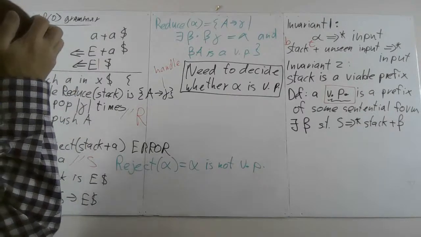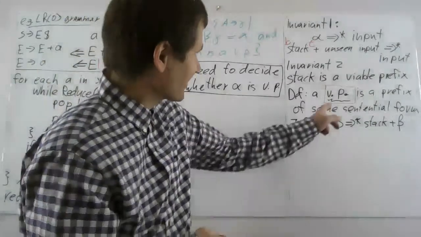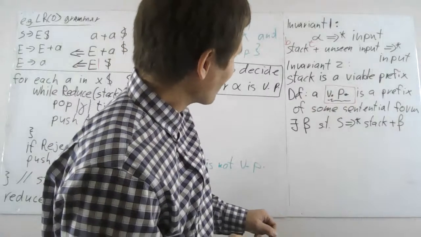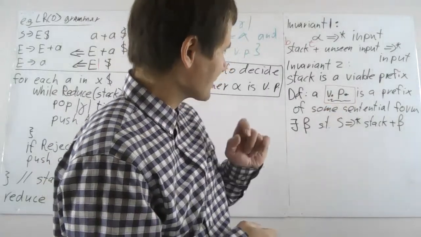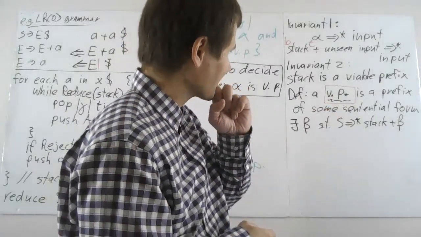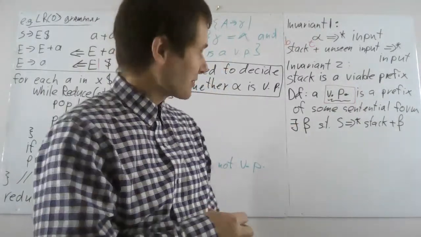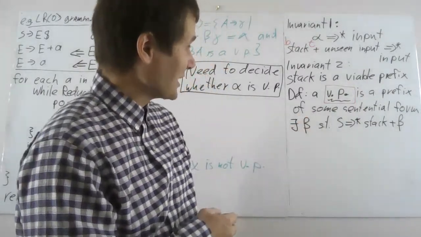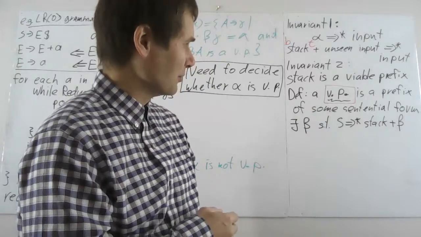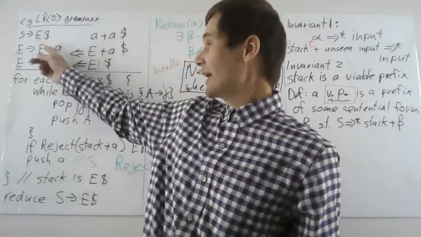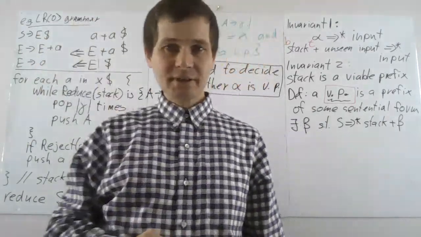Okay, well, how do I decide? Viable prefixes are things that are prefixes of sentential forms. So what are all the sentential forms? Well, there are infinitely many sentential forms in general, even for a tiny grammar like this.